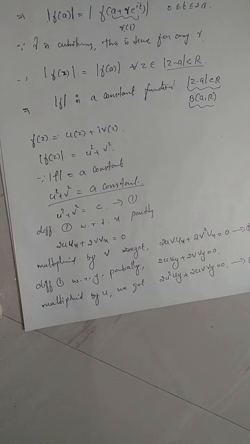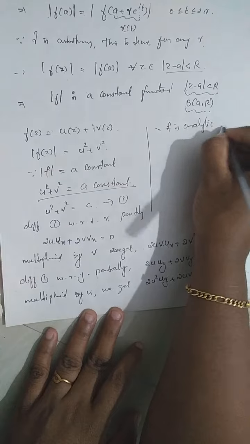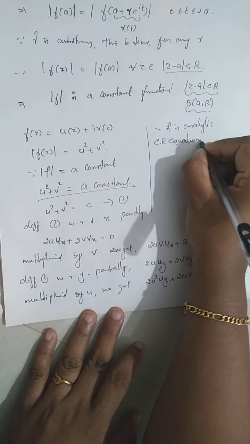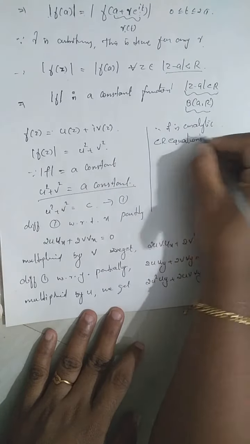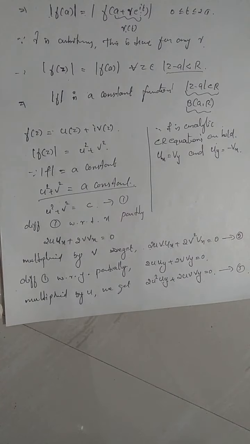Now I am going to use the Cauchy-Riemann equations because the function f is an analytic function. Since f is analytic, it satisfies the Cauchy-Riemann equations. What are the Cauchy-Riemann equations? u_x = v_y and u_y = -v_x.